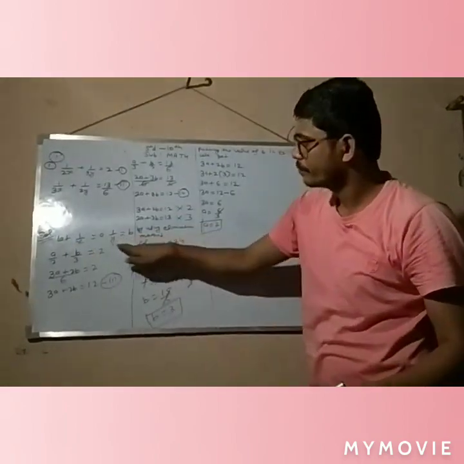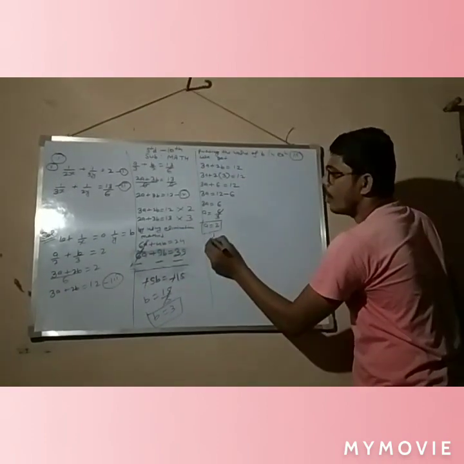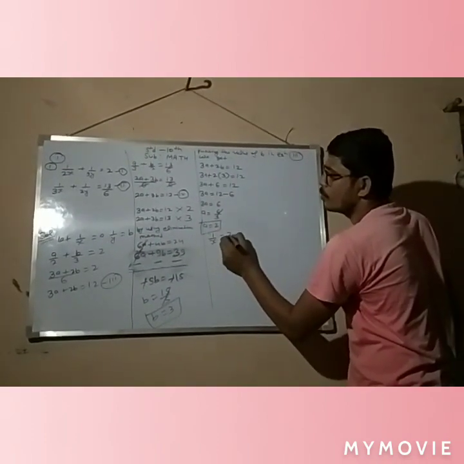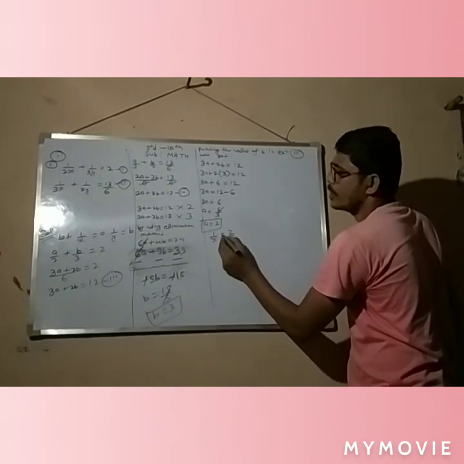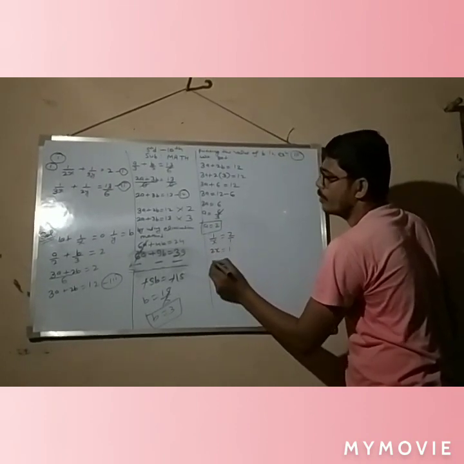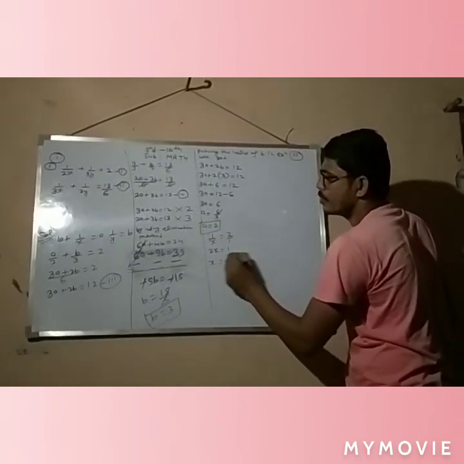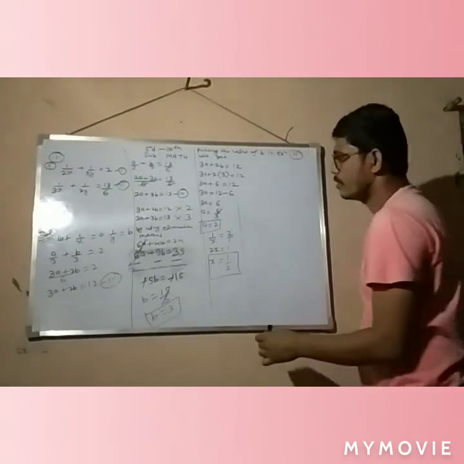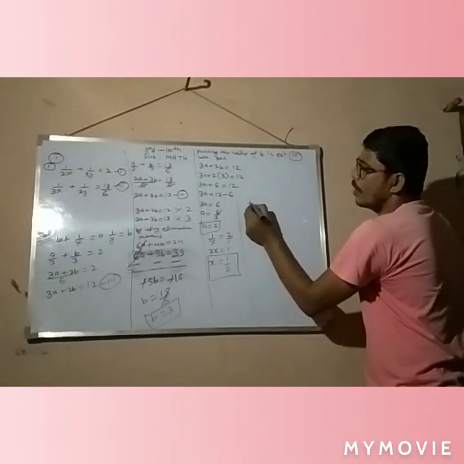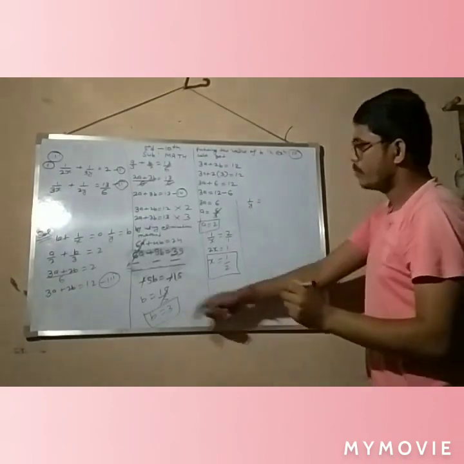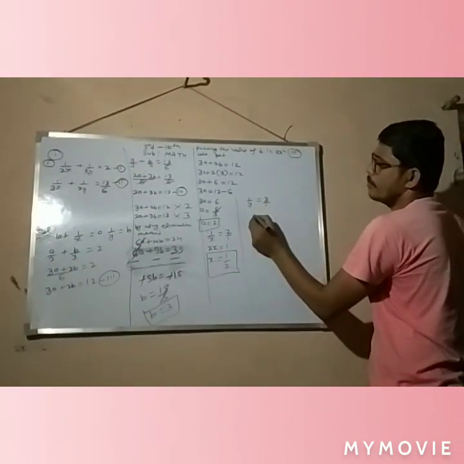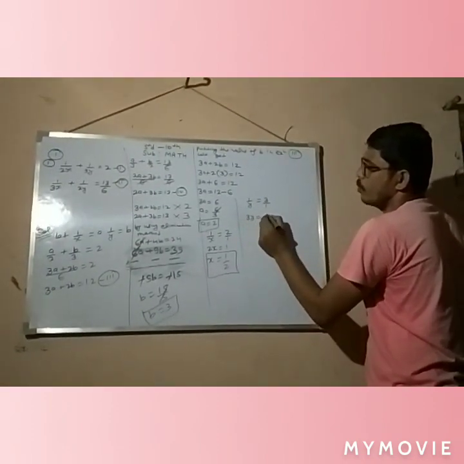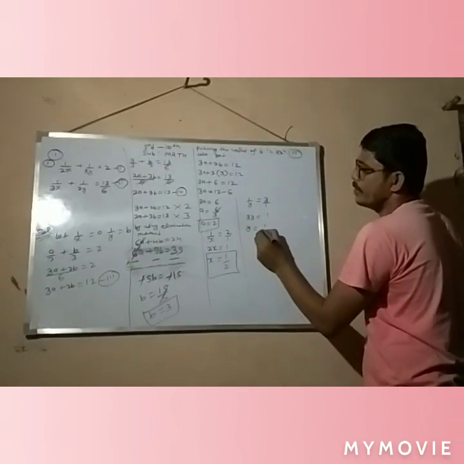Now put here. So 1 upon x is equal to a value 2. Now cross multiply. 2x is equal to 1. Now x is equal to 1 by 2. And lastly, 1 upon y is equal to b value 3. Now cross multiply. 3y is equal to 1. Now y is equal to 1 by 3.